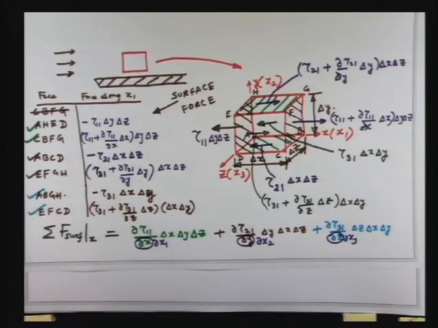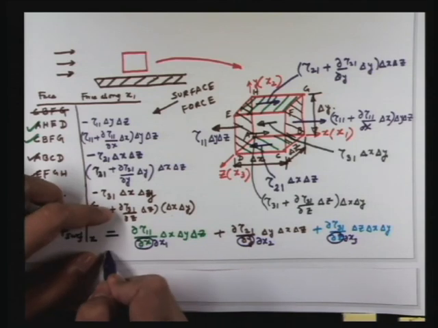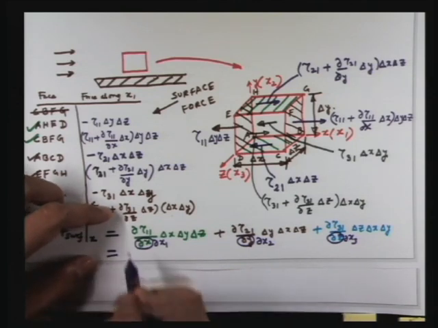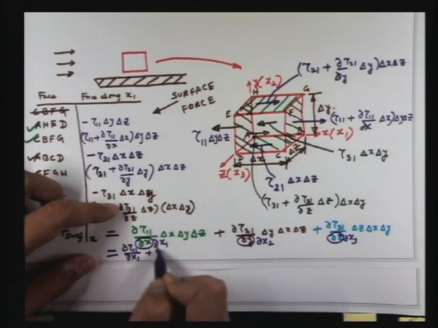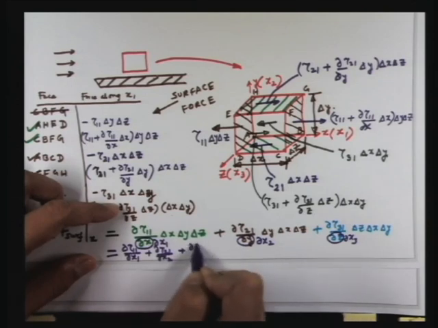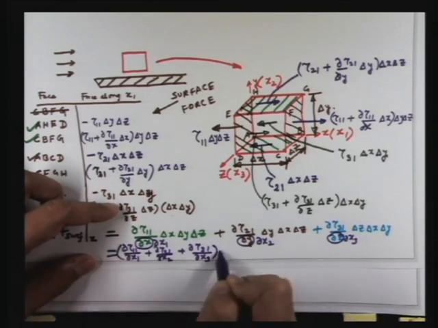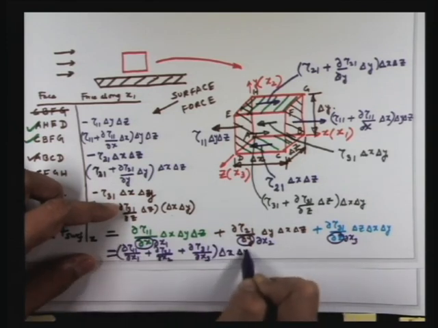So this becomes del tau 11 del x1 plus del tau 21 del x2 plus del tau 31 del x3 into delta x into delta y into delta z.